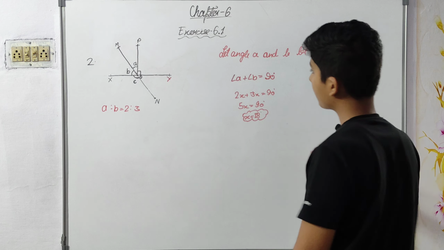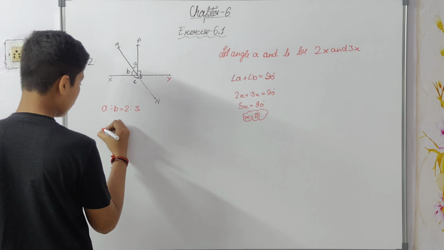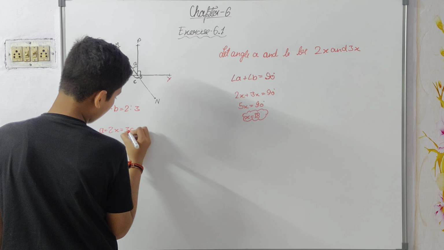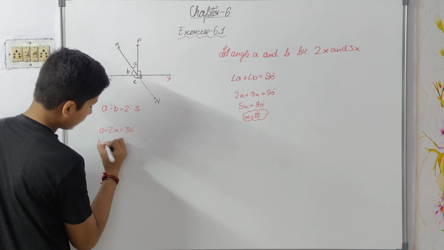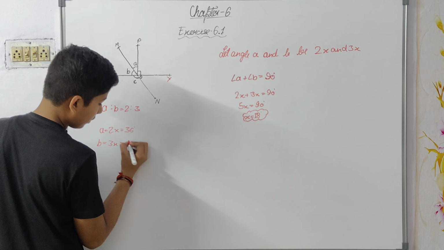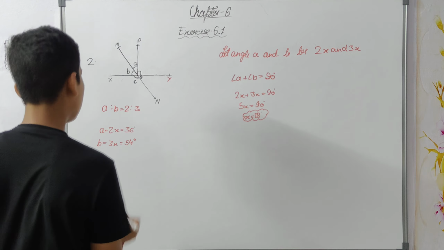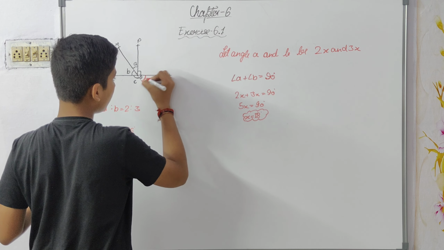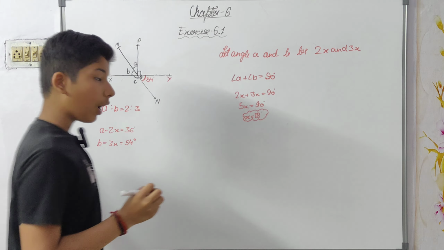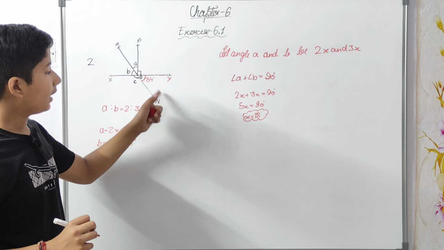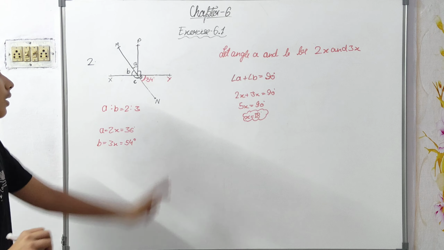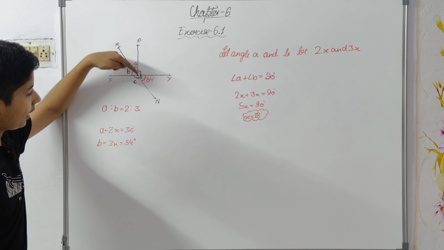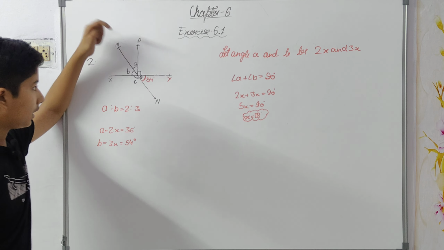Now, if x is 18 degrees, then A equals 2x equals 36 degrees and B equals 3x equals 54 degrees. Now, this will also be 54 degrees. How 54? Because angle B and angle NOY are vertically opposite. So 90 plus 90 plus 54 equals C.